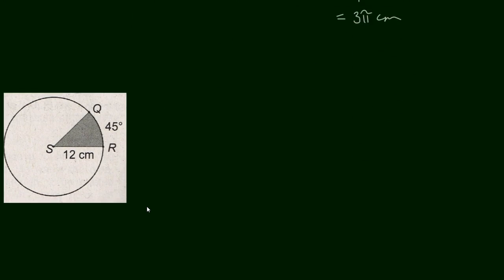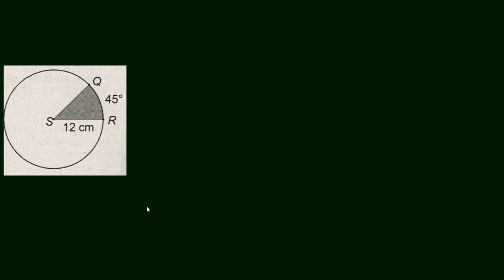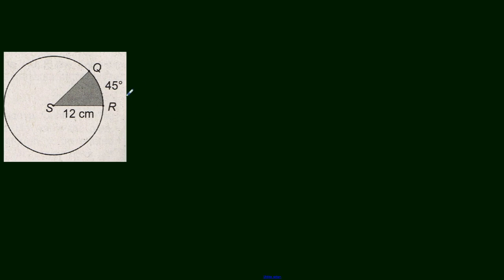Let's take a look at another. We have 45 degrees instead. So you have the area of the sector. The area of the circle sector is equal to the angle, that's 45 degrees divided by 360 multiplied by pi times the radius, that is 12, squared, square centimeters.